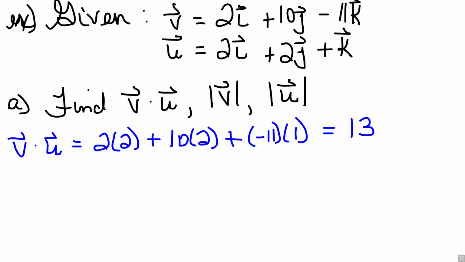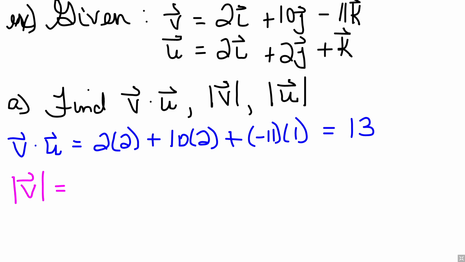Now, here's the nice thing about the dot product, which I don't really stress: the dot product is commutative. So v dot u is the same as u dot v. It's going to give you the exact same answer. Okay, the next piece of this, I'm going to switch colors. We're going to find the magnitude of vector v.